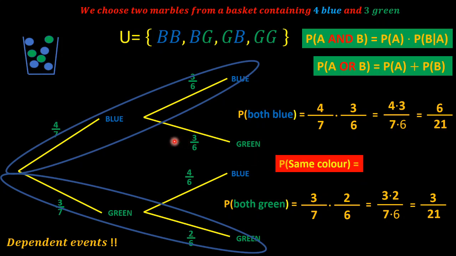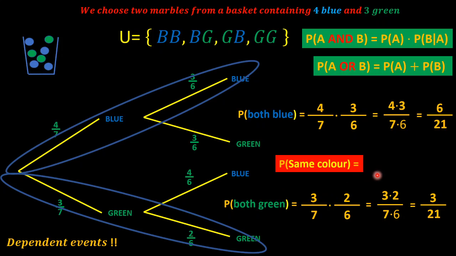What would be the probability to have at the end the same color? So I have 2 marbles of the same color. Okay, what does it mean? Do we already have this? Yes. I want to have blue and blue, or green and green. So blue and blue, this times this, which we have already. Or, meaning plus, this times this.